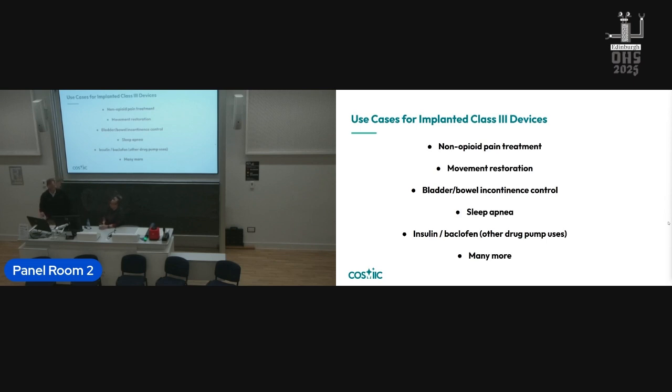Some other use cases for these implanted Class 3 devices are using electricity for pain treatment instead of opioids, restoring movement, which is the background of our group, incontinence control, and sleep apnea, and there are many other uses.